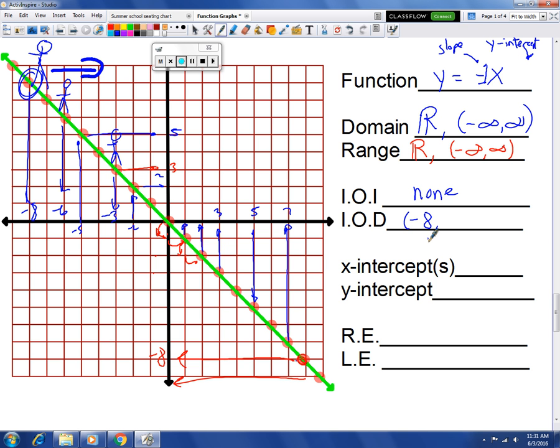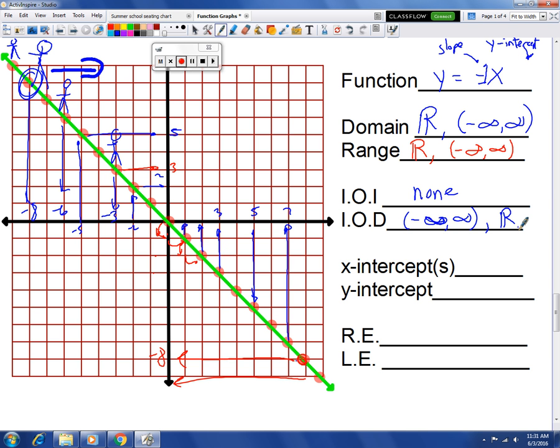At negative 8 on the x-axis, he's starting to go down? No, at negative 9, he's starting. When he goes right, he's going down. At negative 10, as far back as you can remember. So it really is negative infinity, not negative 8. So negative infinity to positive infinity, he's decreasing. Or you can say the whole x-axis.